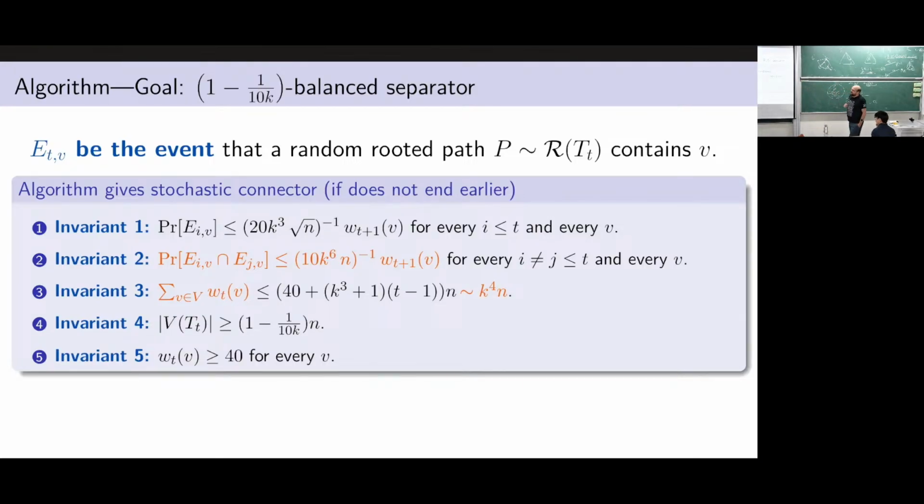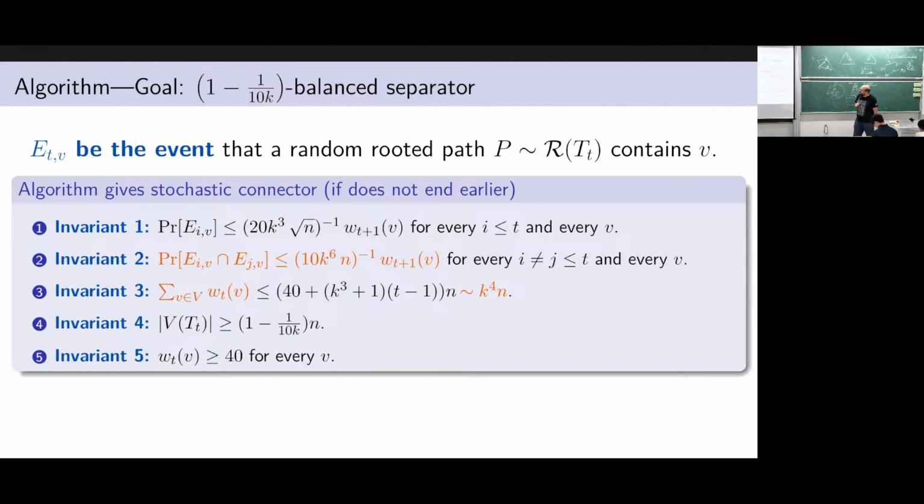I am afraid that I will not have time to show you how to prove the invariants, but I would like to convince you that this will give us stochastic connection, at least. So invariant 1 is actually used in the proof of invariant 2.